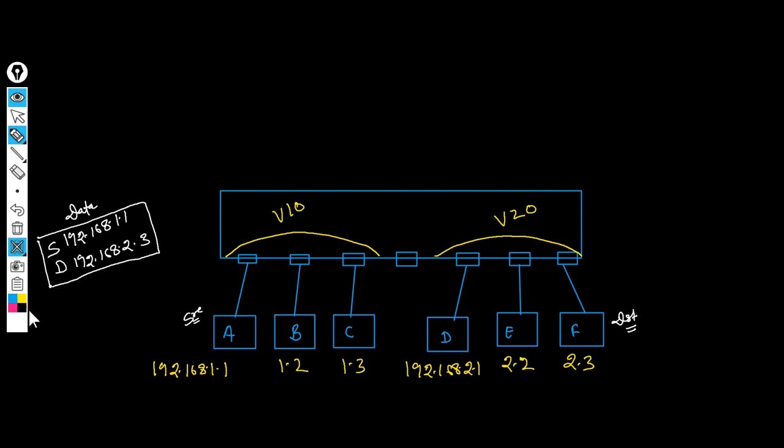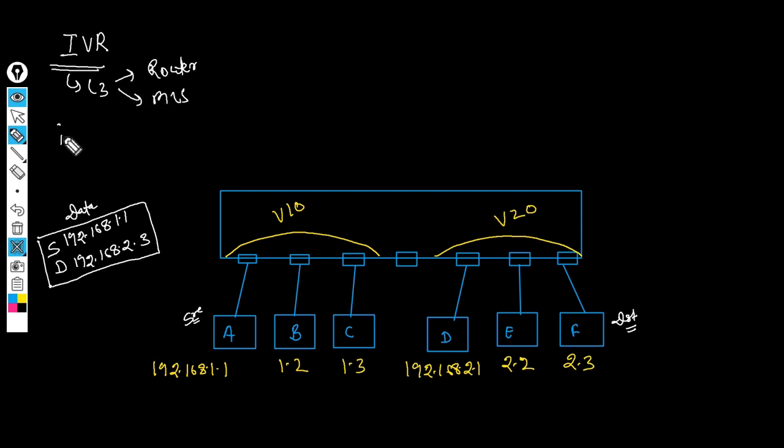So what exactly do you need to do now? In this case, you need to make use of a layer 3 device. Very important: if you have the requirement of inter-VLAN routing, the very first thing you need is a layer 3 device, and this can be a router or a multi-layer switch, a layer 3 switch.